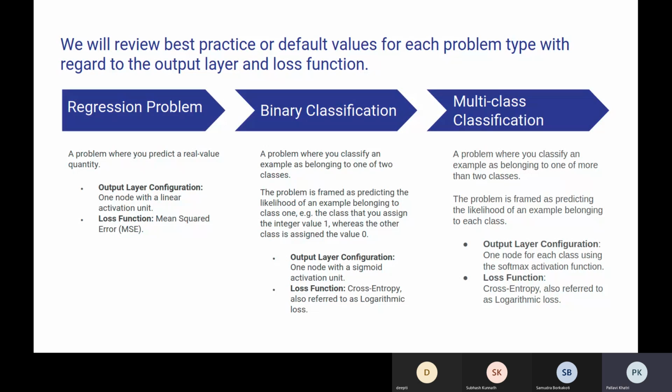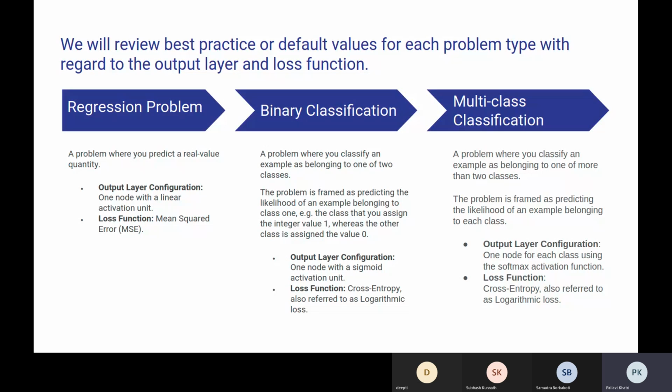In binary classification, I will use one node with a sigmoid activation unit in the output layer, and the loss function will be cross entropy, which is also referred to as logarithmic loss.